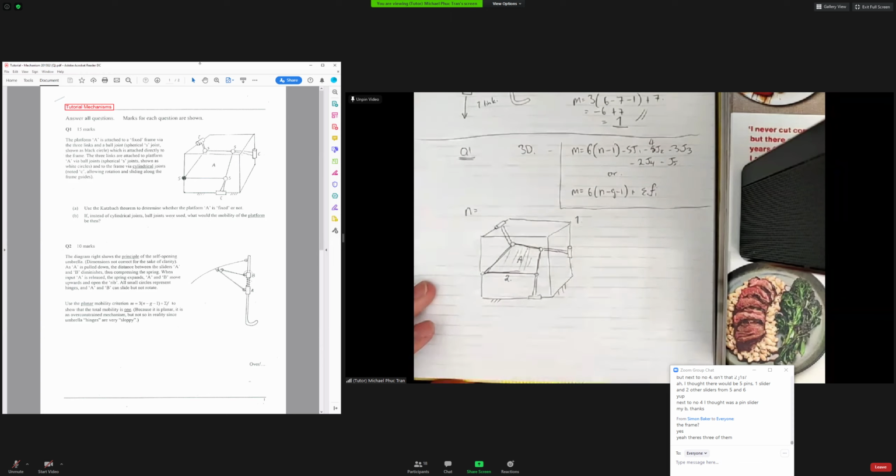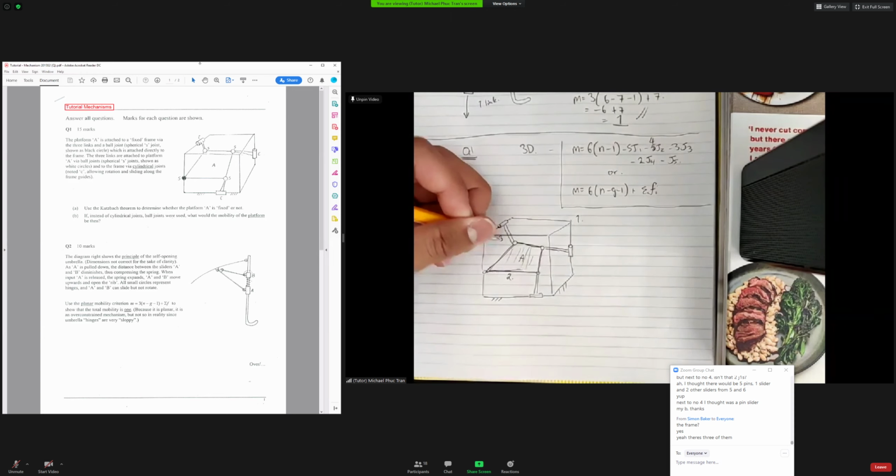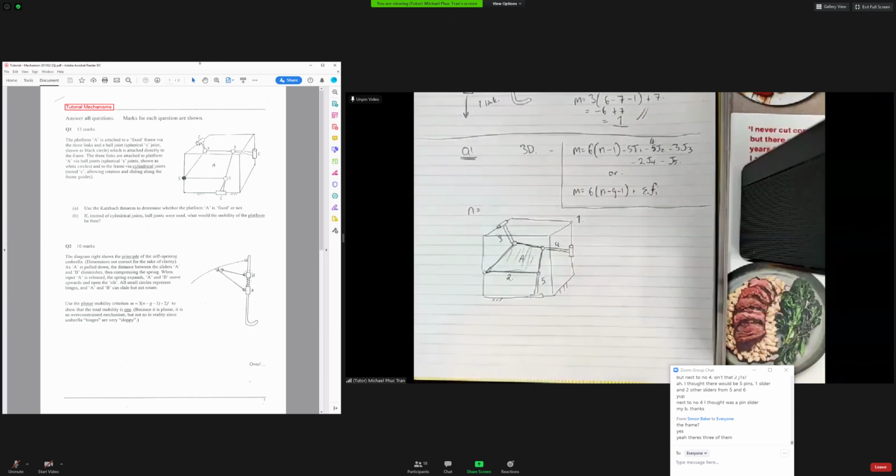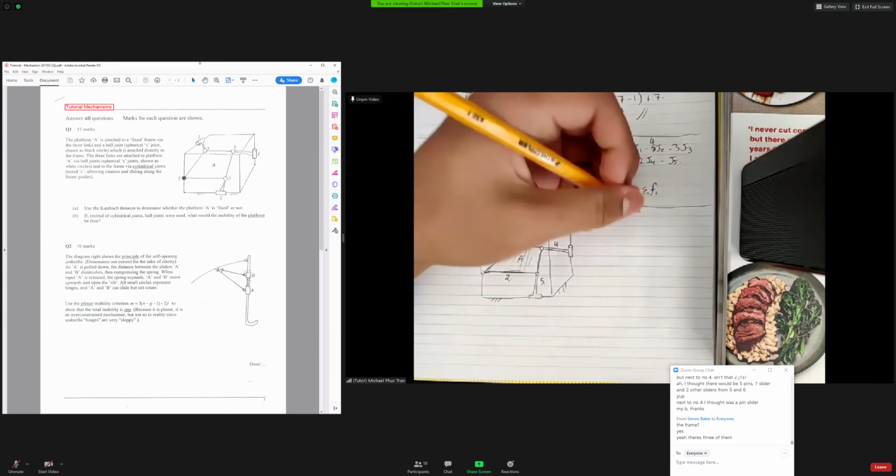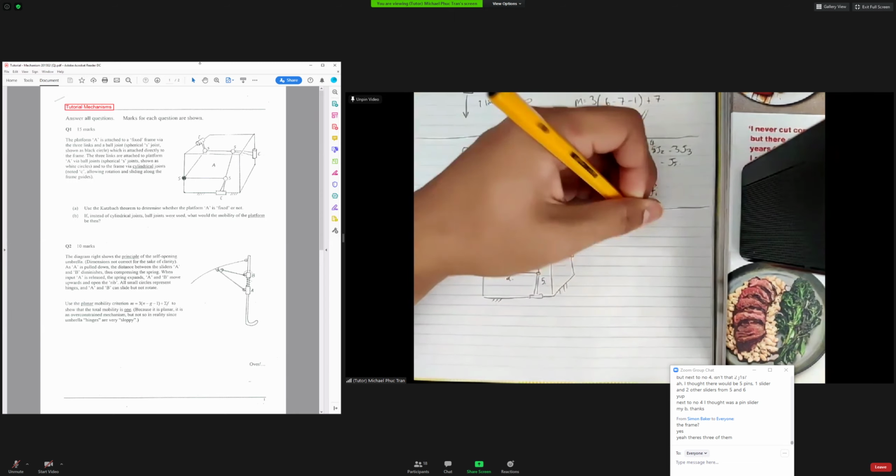There are 3 of them. 1, 2, 3, 4, 5. Do we have any more bodies that anyone can see, or have we counted them all? I'm going to say no. I can't see any more.